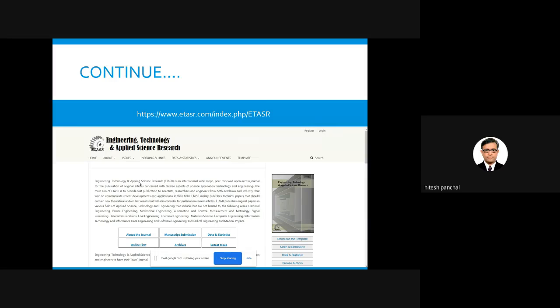This journal is multidisciplinary, mechanical, electrical, any engineering science person can apply to this journal, and it is also indexed in ESCI. So it is good.